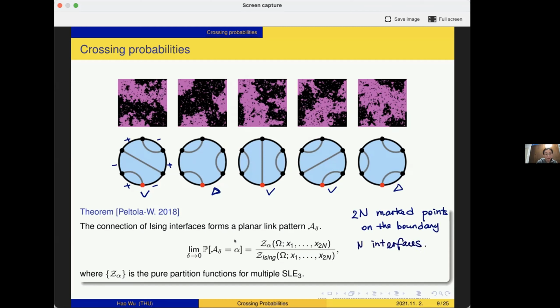These n interfaces connect among the 2n marked boundary points and give us a planar link pattern alpha. And the answer is the following.